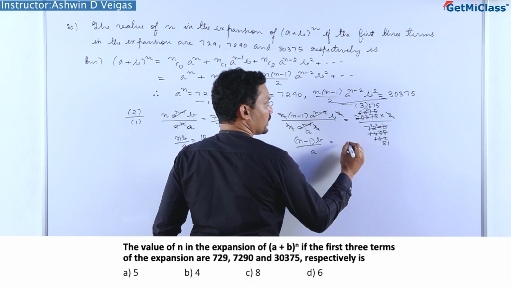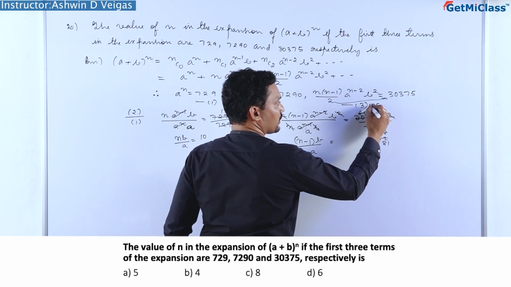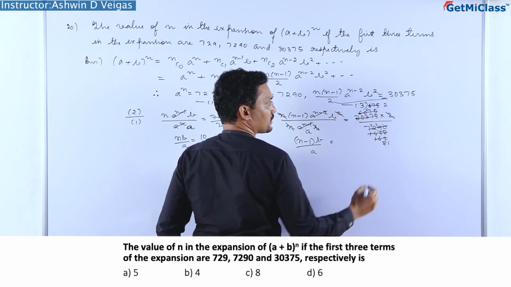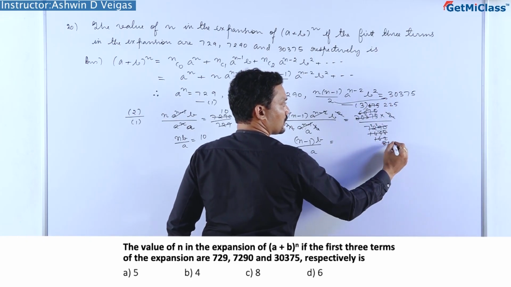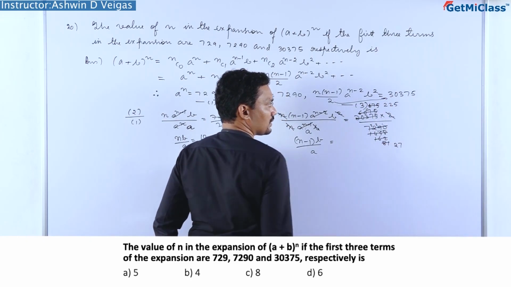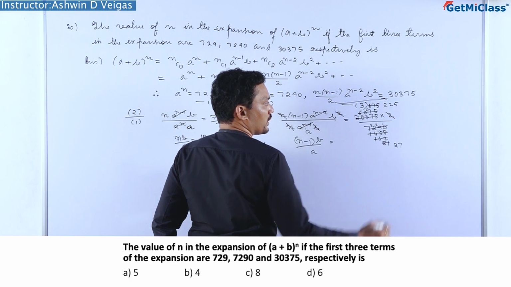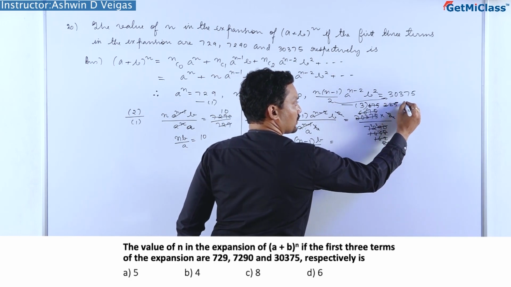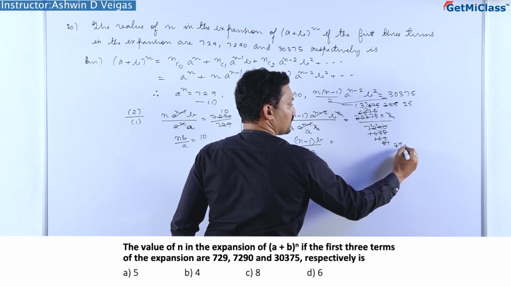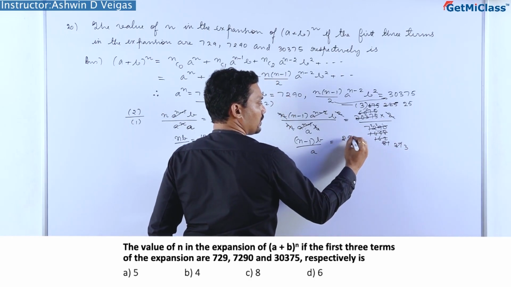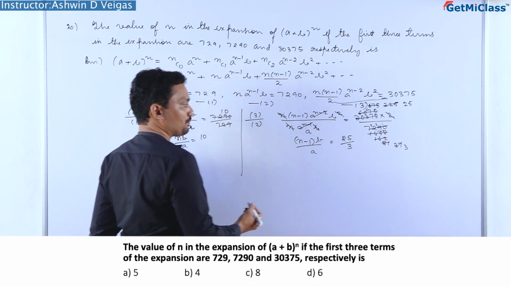Again 3 goes, and then again 9 goes. So therefore, we will get 25 by 3.